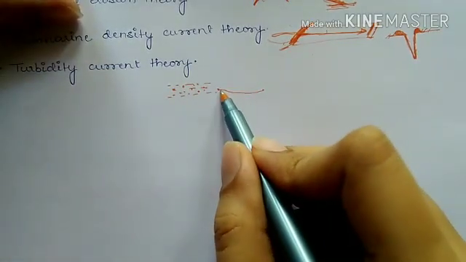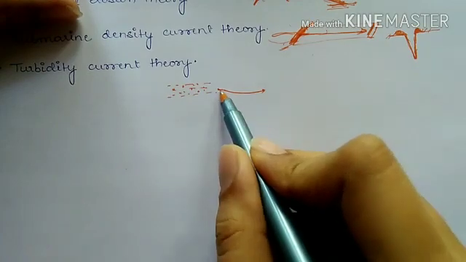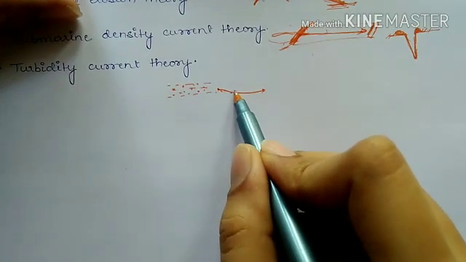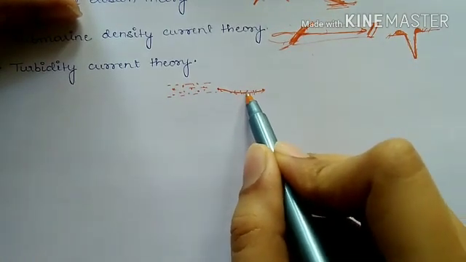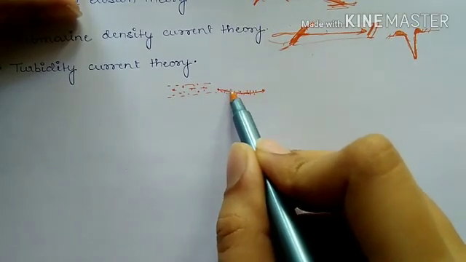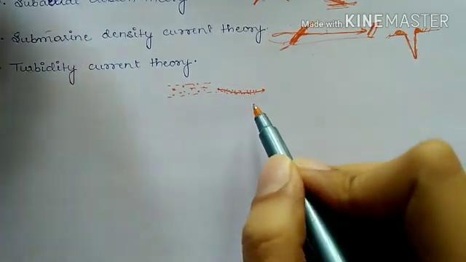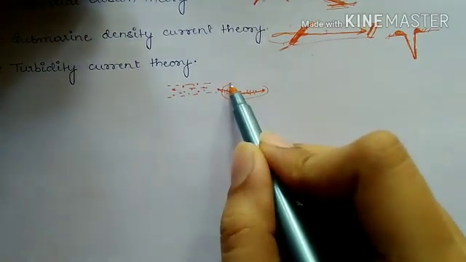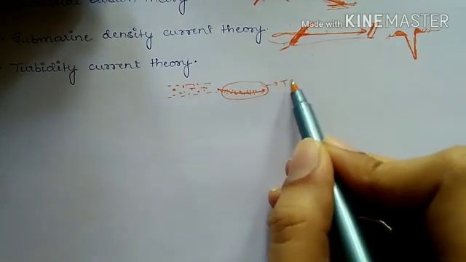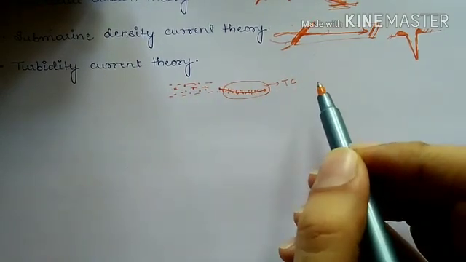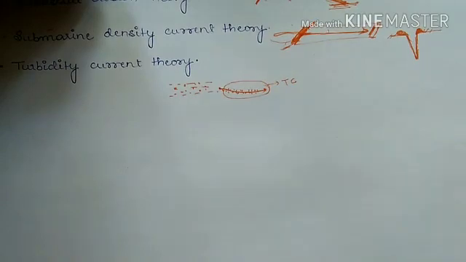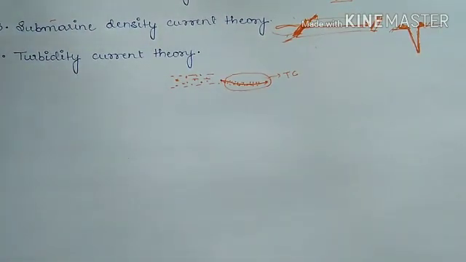These undercurrents are bringing fine materials freely suspended in them, and this will form turbidity current. And this turbidity current has higher density because of suspended sediments.